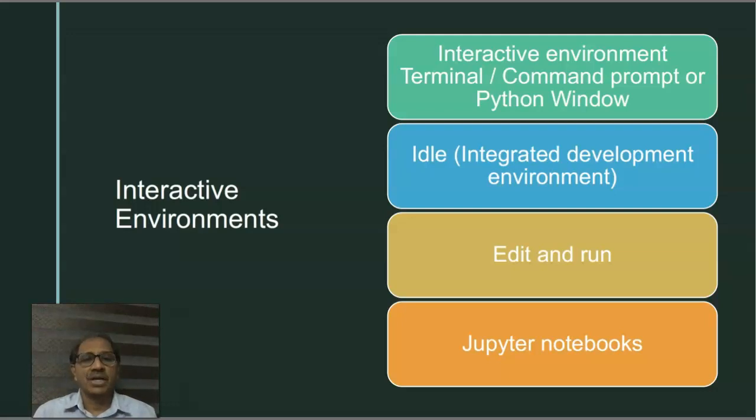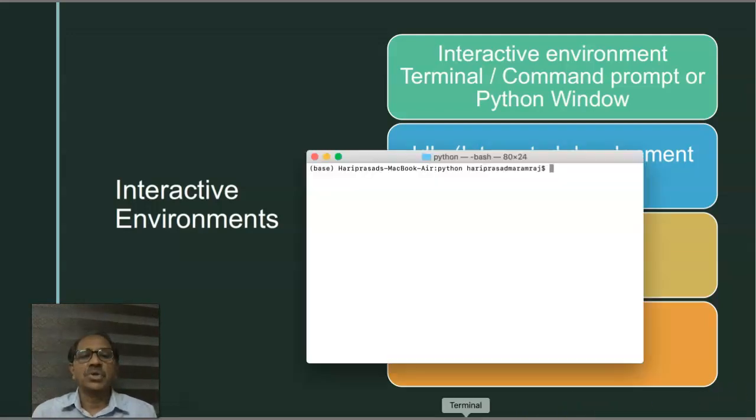Let's look at the first one, the terminal. I am using Mac OS, so I will use terminal. This is the terminal for my computer. Here I have to invoke Python. How do I do that?